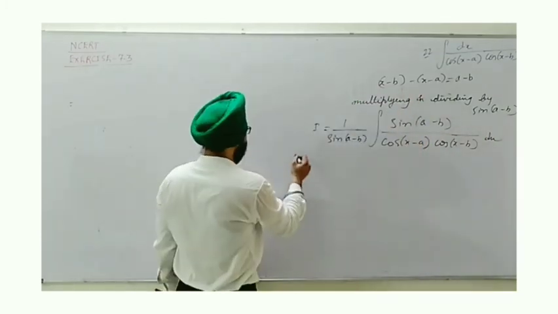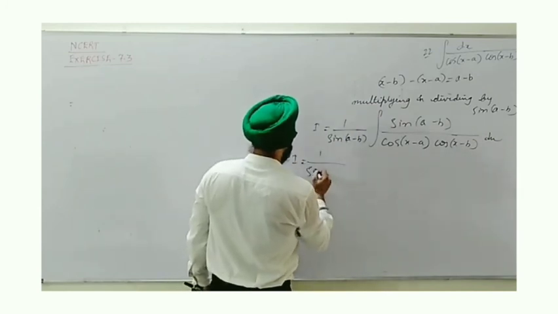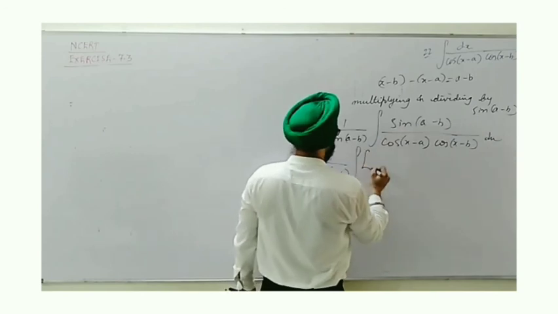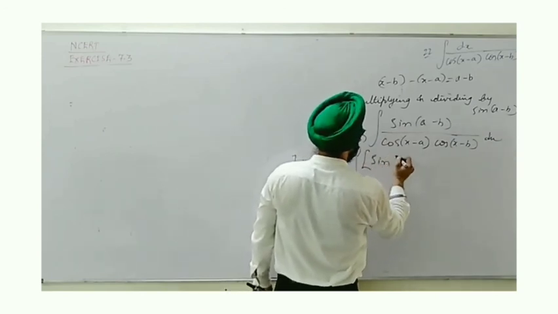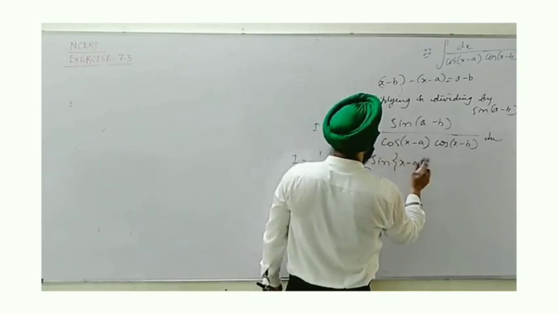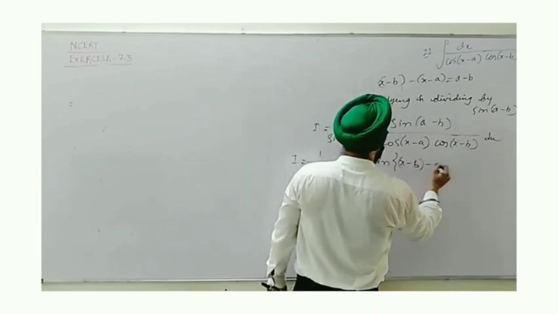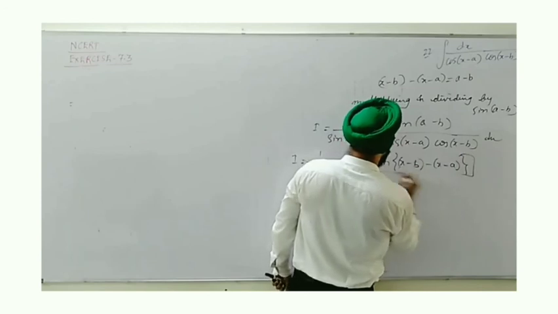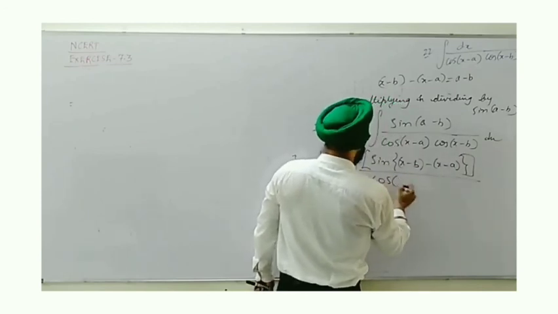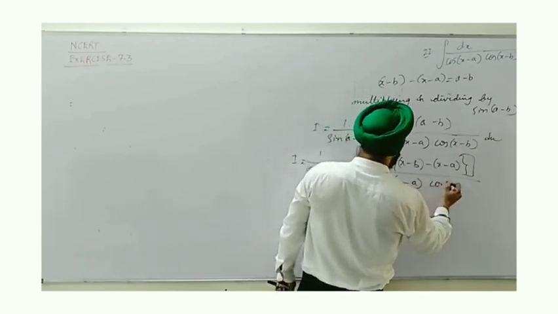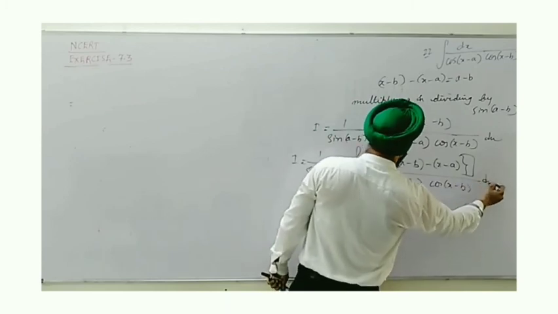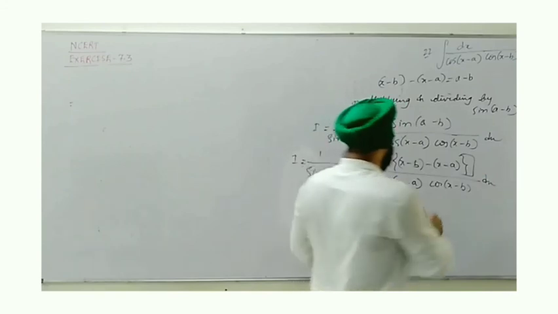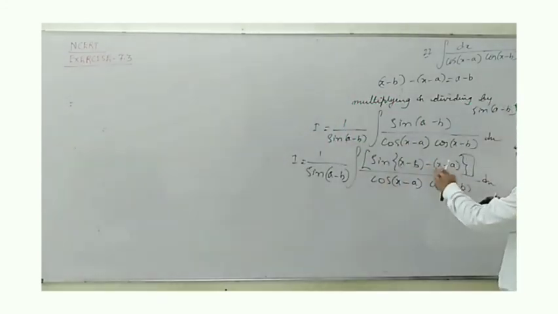Yes, we will write I as 1 upon sine A minus B, and in the numerator we write sine of x minus B minus x minus A, upon cos x minus A cos x minus B. As soon as I write so, what is the change? The identity sine A minus B will be applied, sine of theta minus phi.